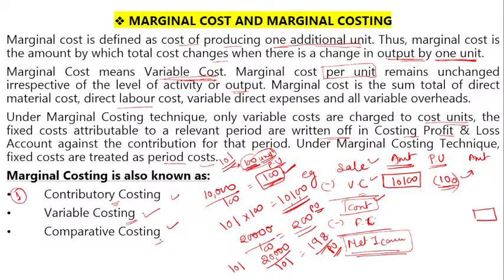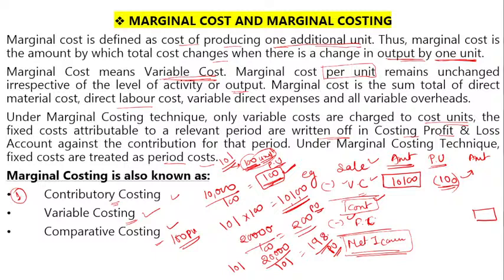And here, due to marginal costing, the company can do a comparative study of the costing. If the company produces 100 units, how much is the cost, how much is the per unit cost, or how much fixed cost is the company paying, or contributing.